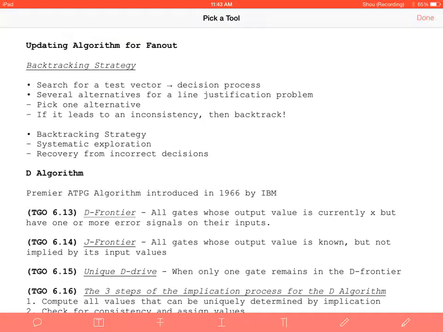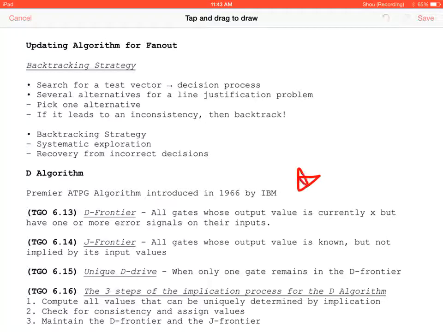So this algorithm is the fundamental testing algorithm for these kinds of fan-out circuits. It was developed by IBM in 1966.